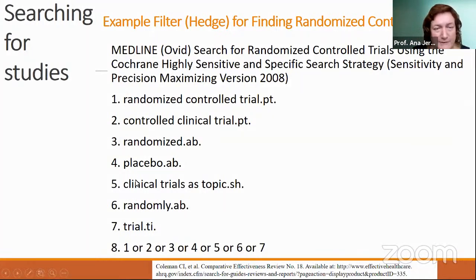Researchers identified that we can either search abstracts for words randomized, placebo, randomly, or we can search specific fields, publication types, or we can use MeSH terms, and we combine all of them. And this is the way that we identify a randomized controlled trial in PubMed data.